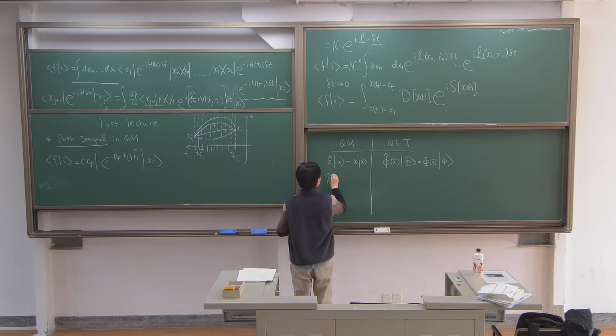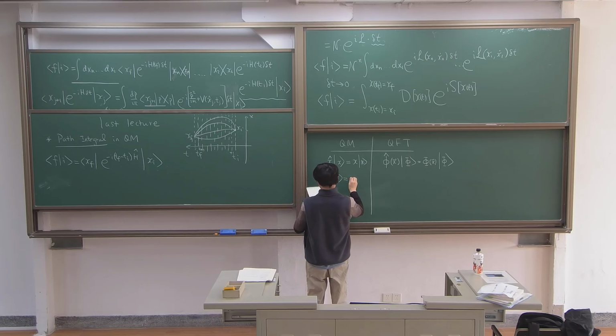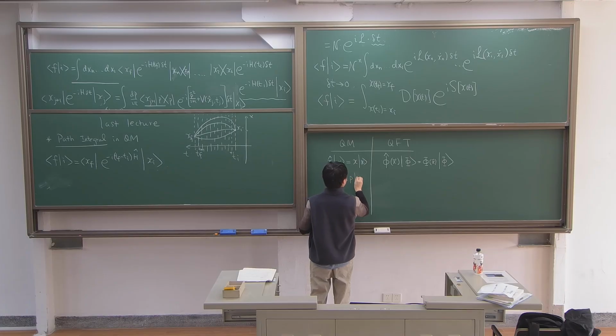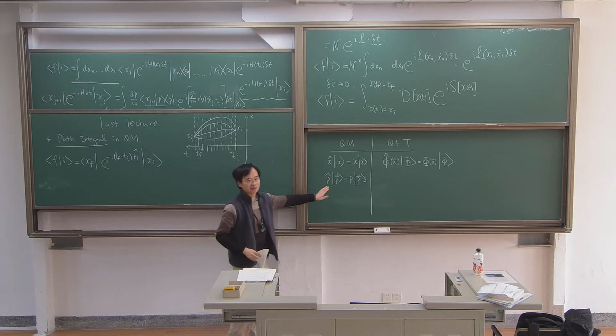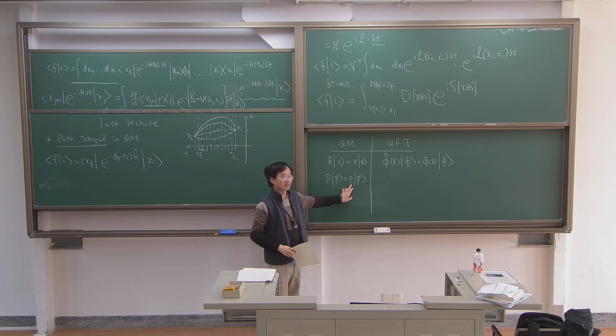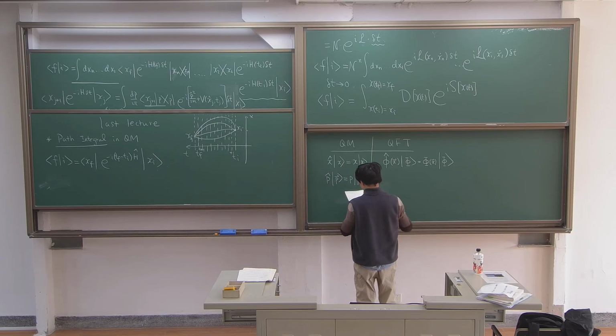And also for momentum. For momentum, if you put quantum mechanics in this way, the P operator acting on this P eigenstate, you get a number, right? P, or vector P, as the eigenvalue.